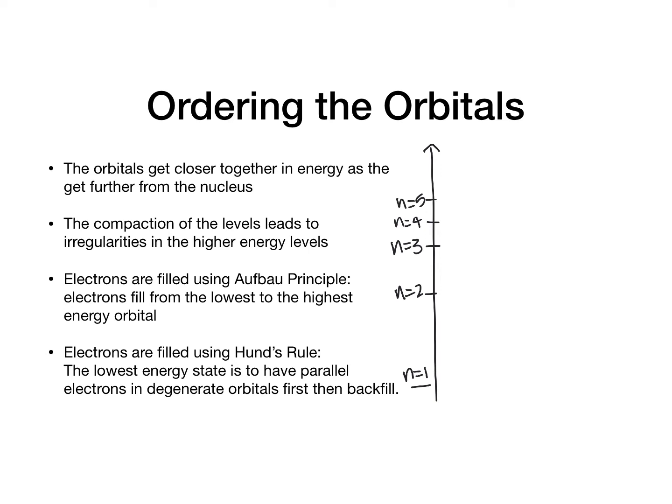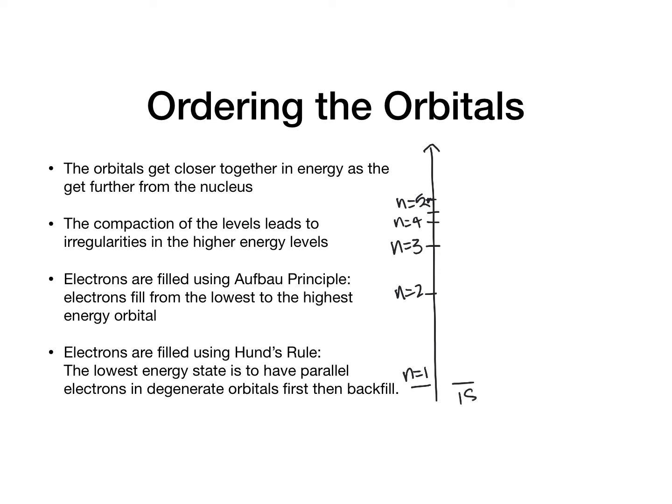Oops, I feel like n equals 5 is not quite right. So we'll just move it down here. They basically get closer together as you get further from the nucleus. So this is going to be observed when we think about these other orbitals. As we go from n equals 1 to n equals 5, we have access to other orbitals.